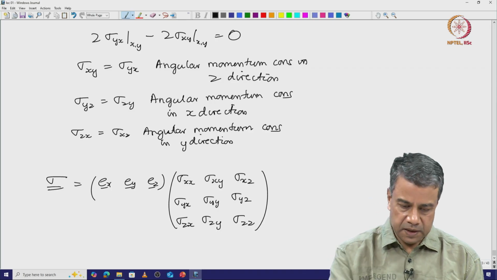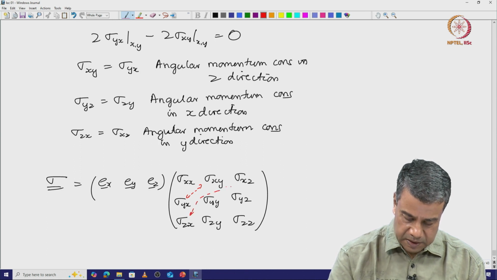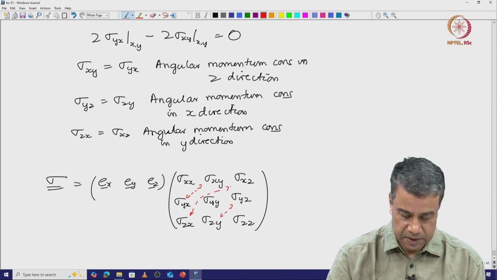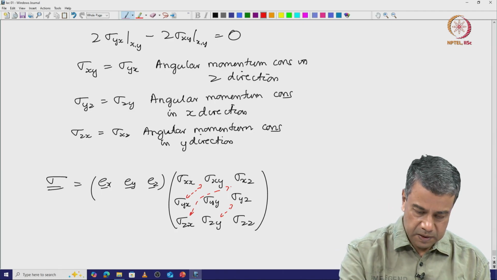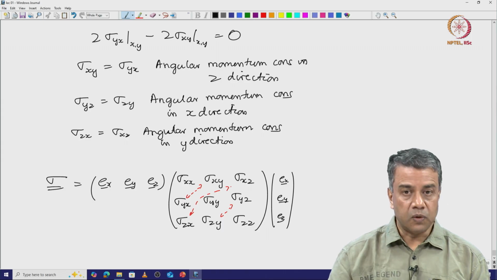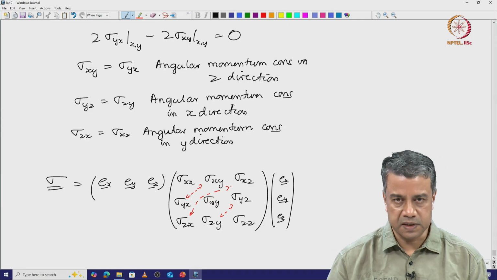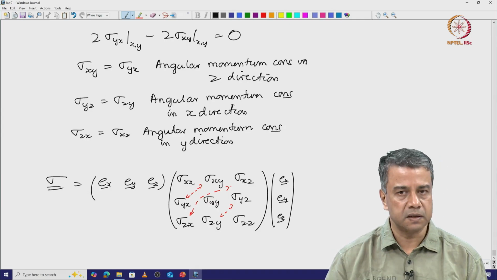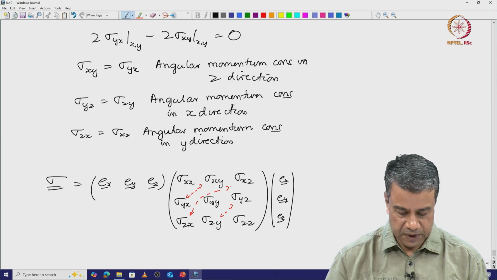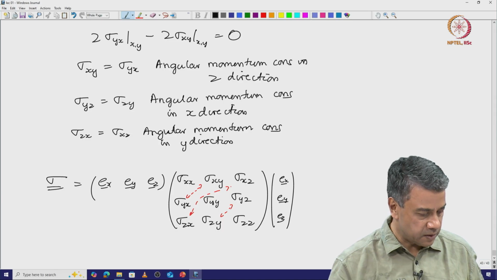And I showed you that these off diagonal terms are both equal, sigma y x is equal to sigma x y, sigma x z is equal to sigma z x, and sigma z y is equal to sigma y z. What that implies is that in order to satisfy angular momentum conservation, the stress tensor has to be symmetric.